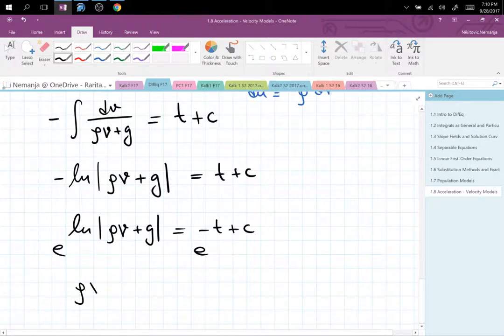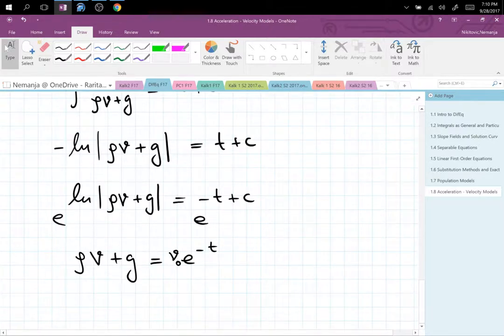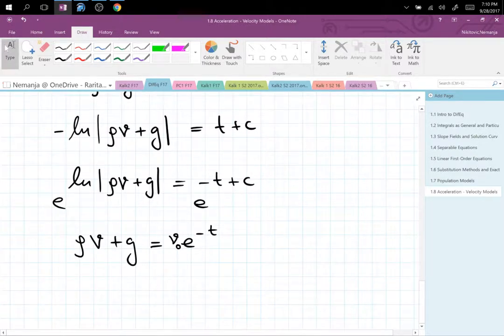And we have rho v plus g is equal to e to the negative t, and then e to the c. We can have a constant for that. Obviously, we're going to use v0 because that's our initial condition. Just trying to see if we are going to use the v0 now.